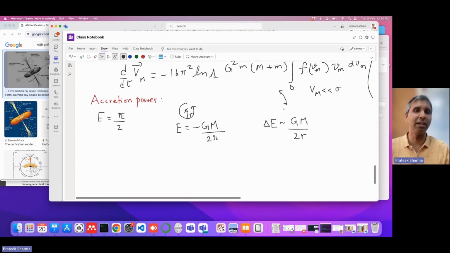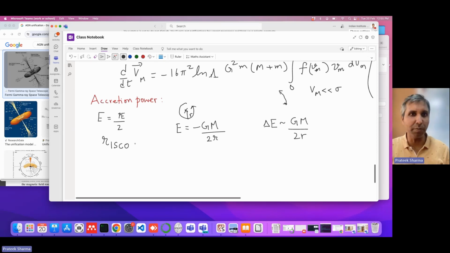In GR, there is a special radius called the ISCO, the innermost stable circular orbit, within which there are no stable orbits. As soon as the particle comes closer by losing angular momentum and hits ISCO, it will just plunge into the central black hole.